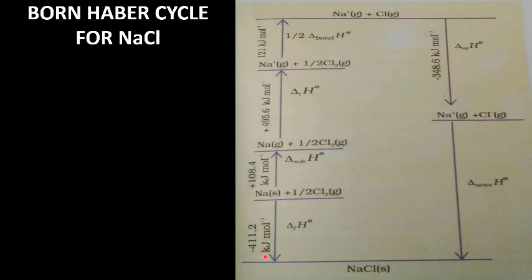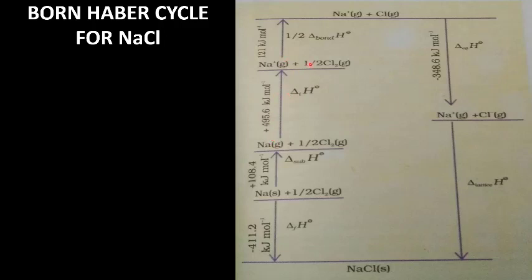So, this energy change minus 411.2 is the enthalpy of formation of sodium chloride. Here sodium solid changes to sodium gas. Therefore, this is the enthalpy of sublimation of sodium, that is plus 108.4. Sodium gas changes to sodium ions in the gaseous state and the enthalpy change taking place here is plus 495.6, and this is referred to as ionization enthalpy.